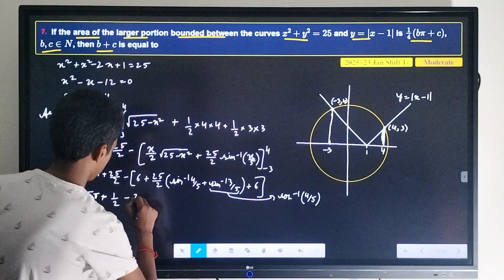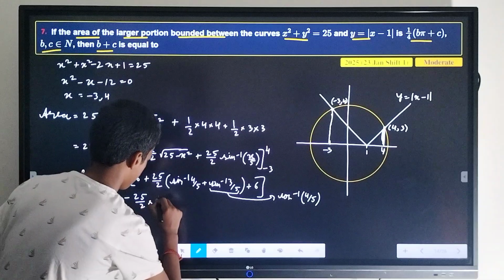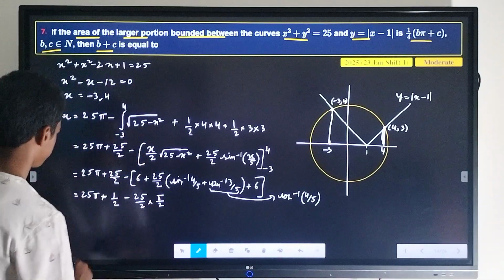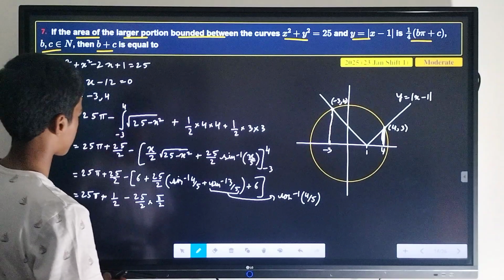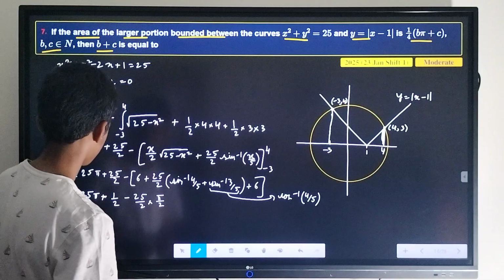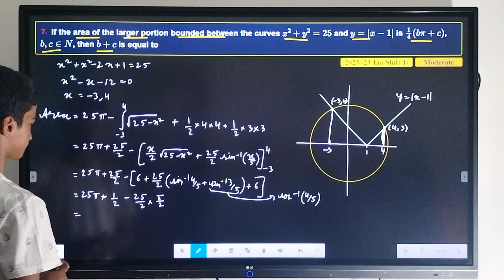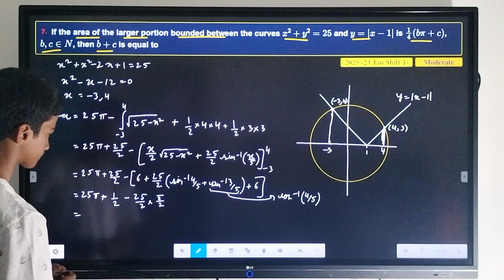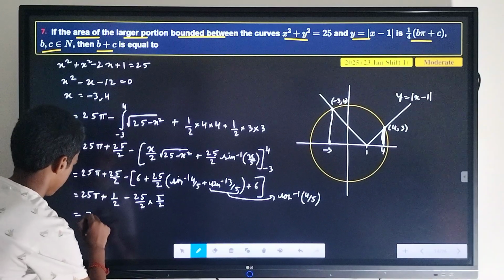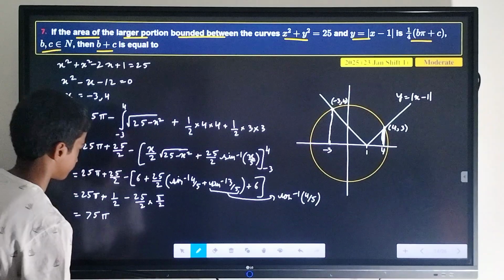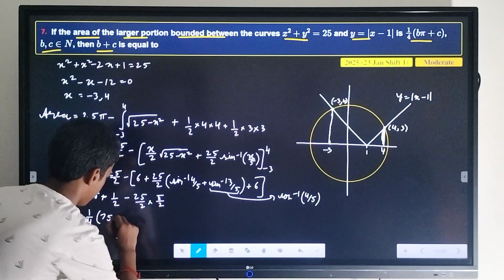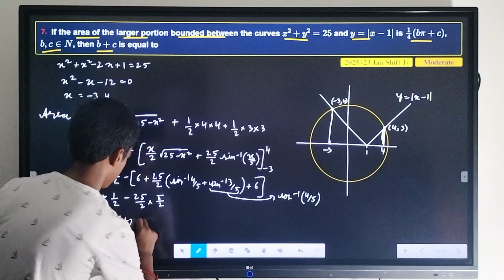So this is minus 25 upon 2 into pi upon 2. From here we will get 4 times 25, 3 times 25, so 75 pi upon 4 plus 2.